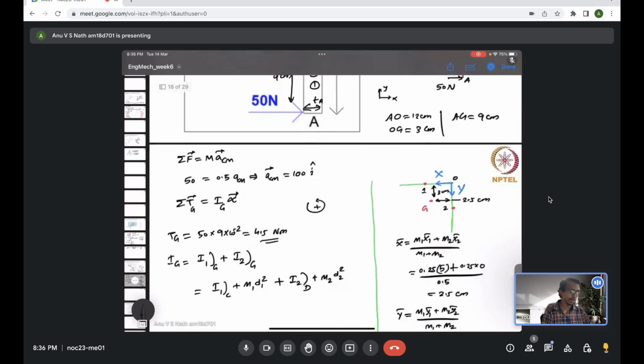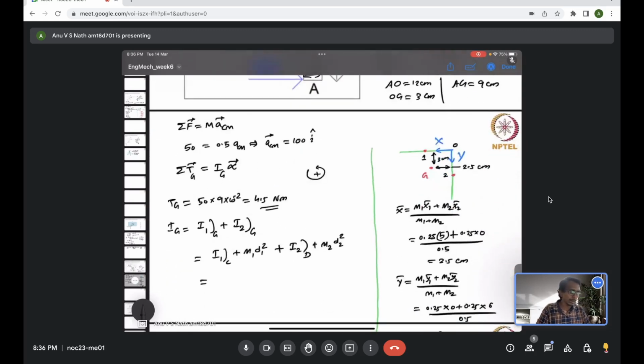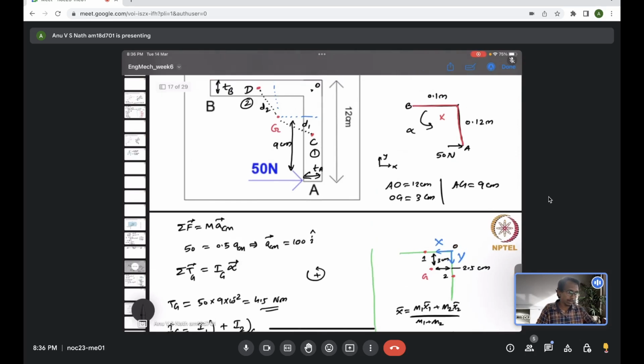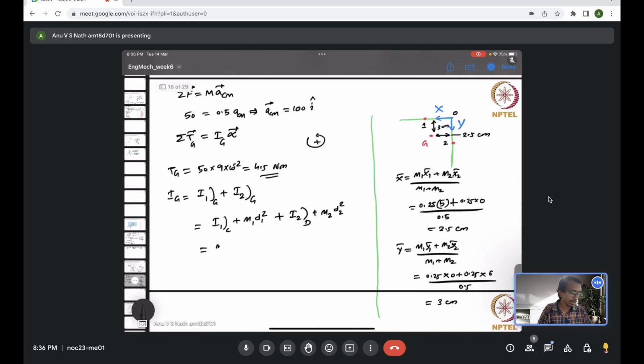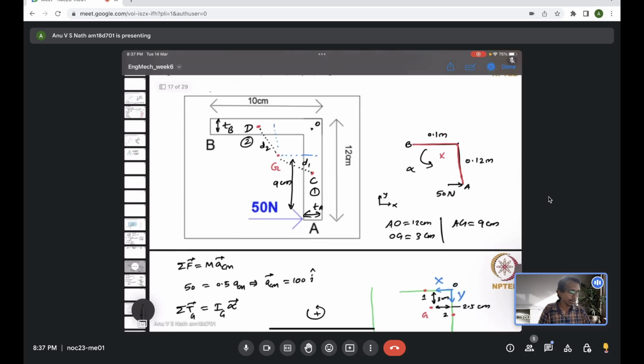So I come back here, we need to know I1C. The rod is the first body, and its moment of inertia about its own center of mass C is, as I have mentioned earlier, ml square by 12. So m1 l1 square by 12 plus m1 times d1 square.